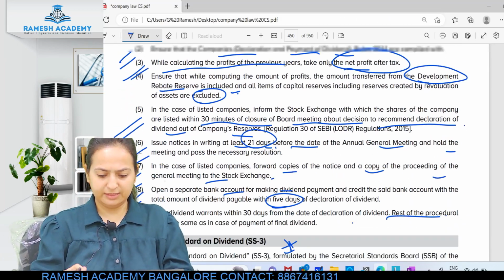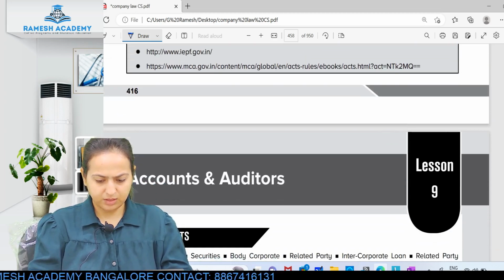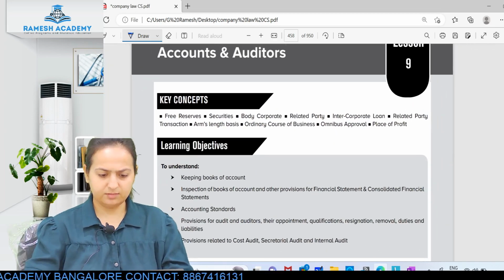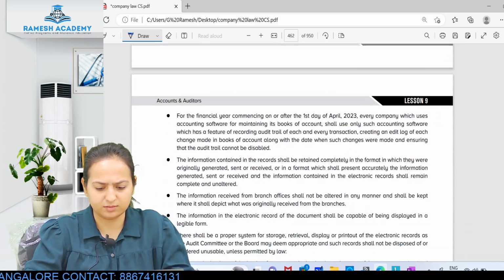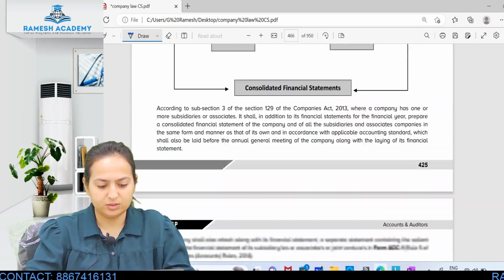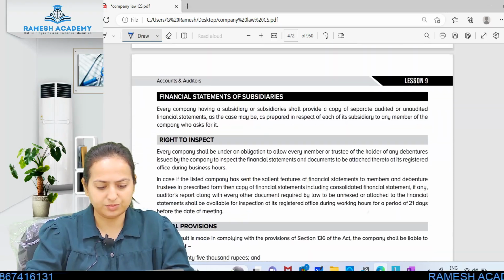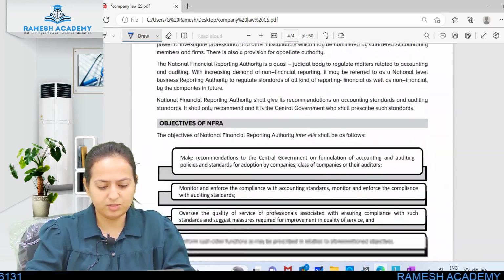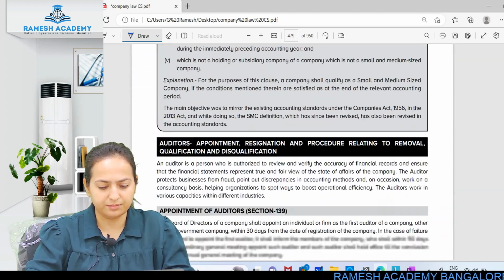Please come to your index, students. For the next lecture, we'll start with lesson number 9, probability is to start with this chapter. Otherwise, I'll start with part 2. We'll see to it, we'll decide and then we'll reach. Accounts and audit is simple, NAFRA and then accounting standards are there.